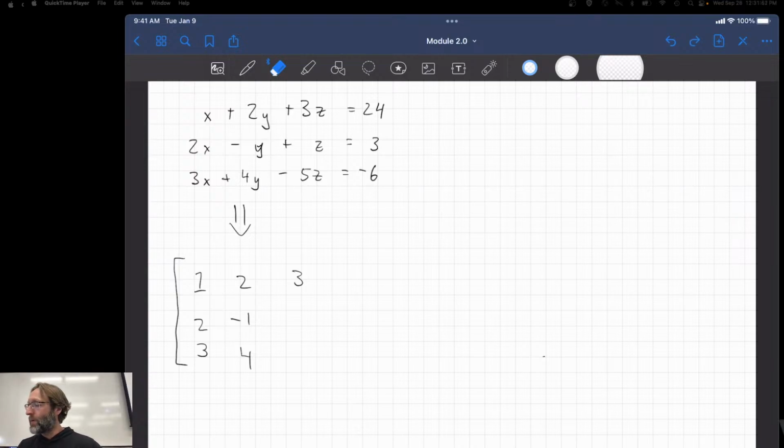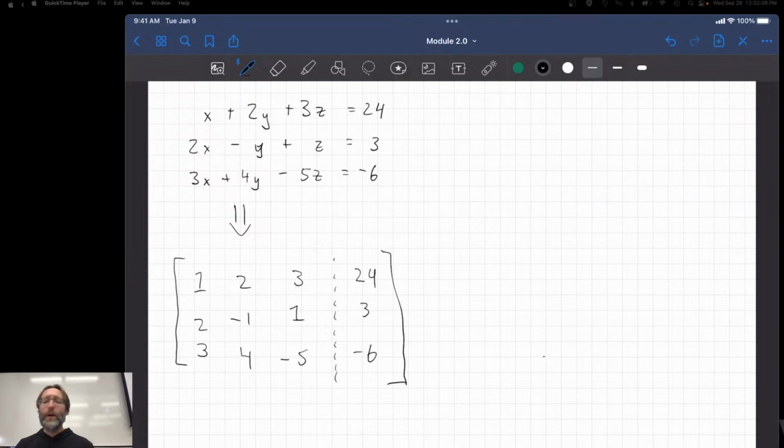But we'll go ahead and keep it like this. 1, negative 5. And then here's the augmented part. Sometimes people draw these with a vertical line or a vertical dotted line. 24, 3, and negative 6. All right? So there's our augmented matrix.